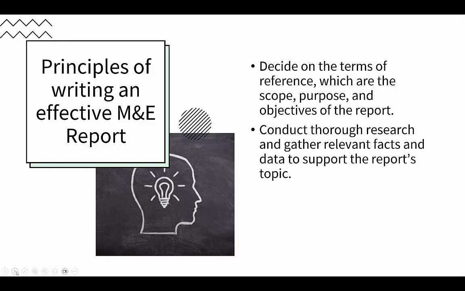Well, let's talk about a monitoring report. If you're writing a monitoring report, the purpose is to report on activities that were implemented and whether the target was achieved. So that's what the monitoring report aims to achieve.